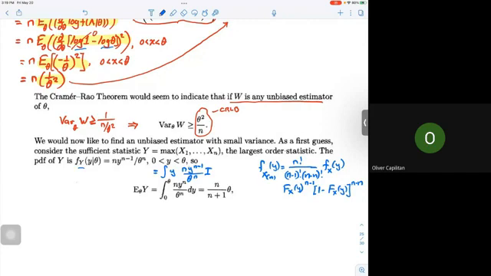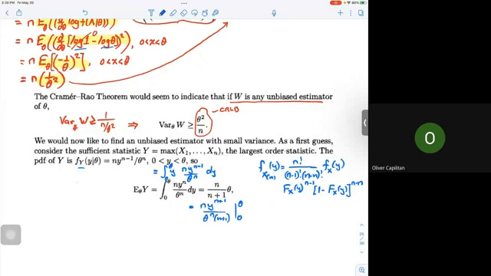Simplifying, we have that result. If we're going to integrate this, we can verify that indeed we get this answer. This is equal to n y to the n plus 1 over theta to the n, then we have n plus 1, evaluated from 0 to theta. Okay, so this is the expectation of Y.